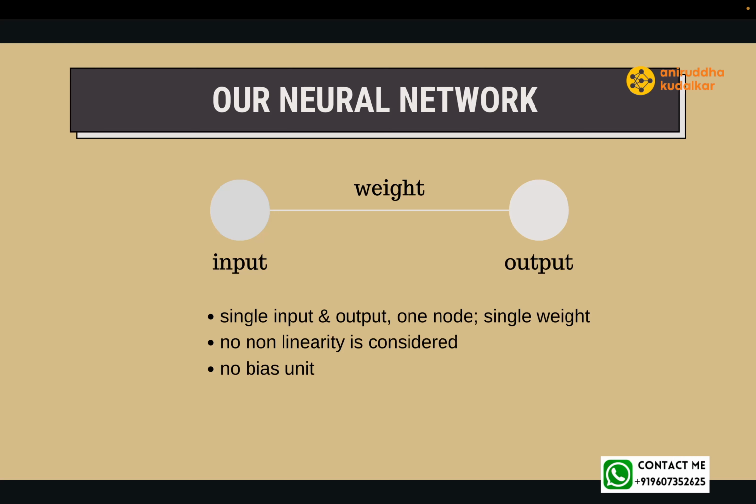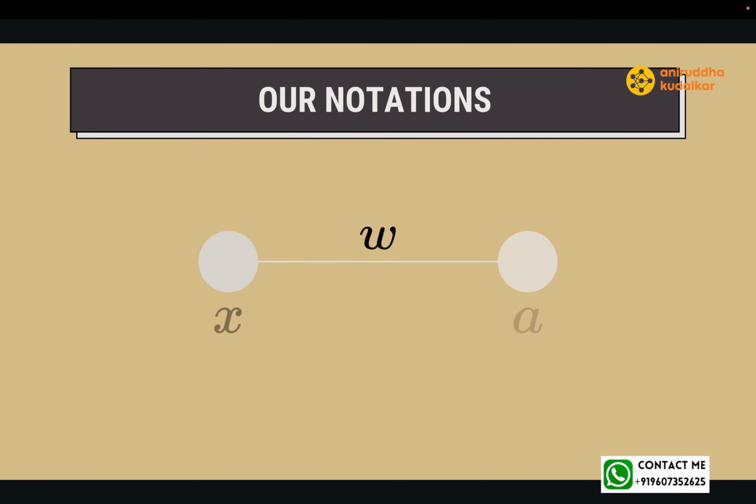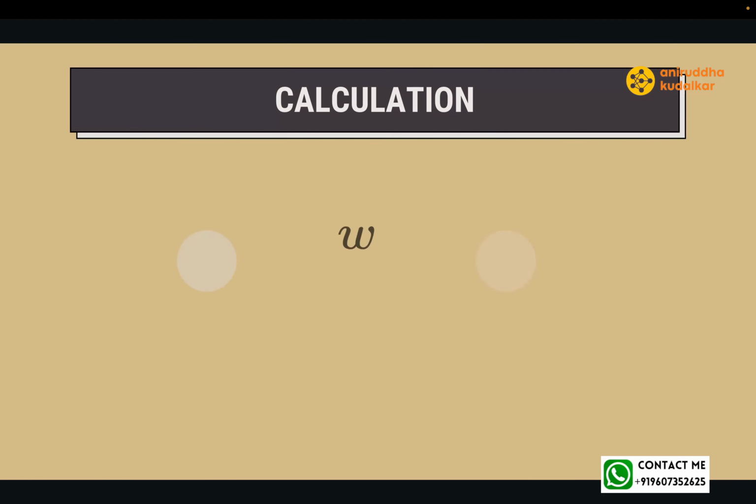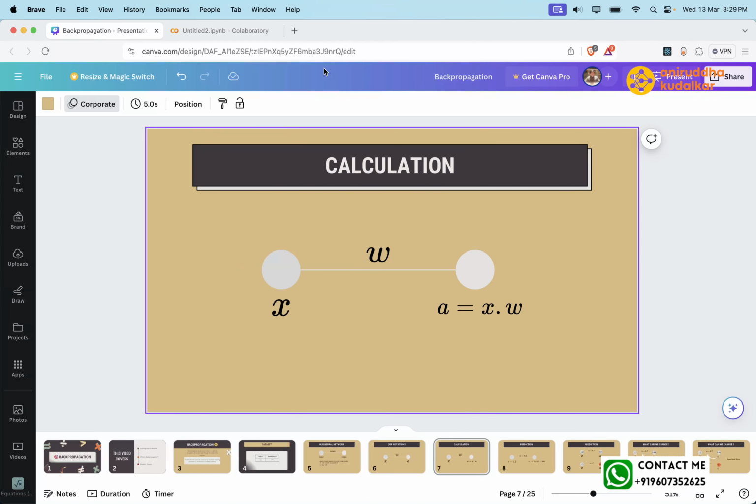No bias is considered and no non-linearity is considered. X is called the input, W is the weight, and the output is the activation A. Since the activation function is not non-linear, A is simply the product of input and the weight. That's it. Let's try to code this much first.